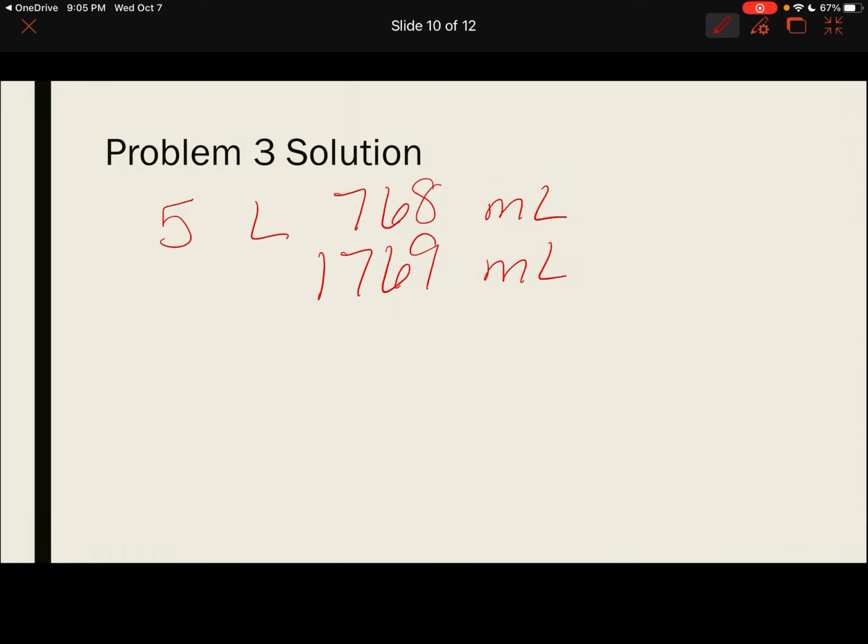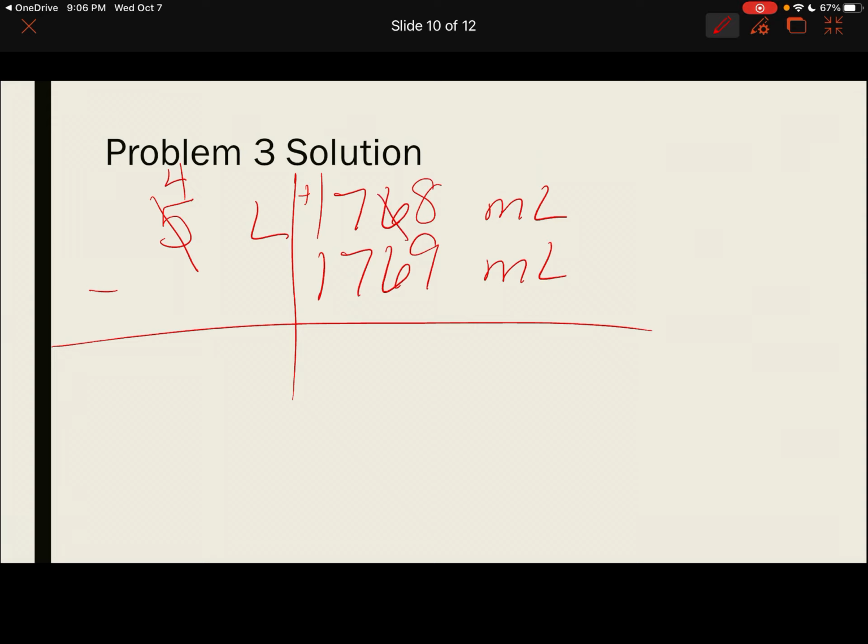1,769 milliliters. Now, in order to subtract this, we're going to have to borrow a liter and convert it into a milliliter. Or you could convert all of this into milliliters and then subtract. I'm going to show you both ways. So for the first way is we're going to borrow. This turns to 4. This adds 1,000. So we can just go ahead and subtract like this. 8 minus 9, can't do that.